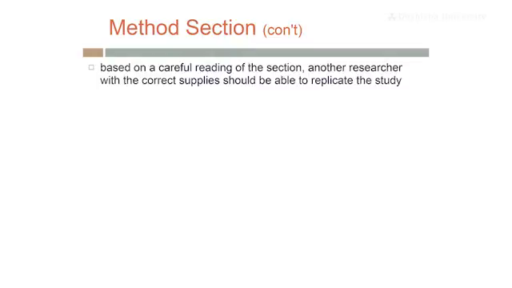They should be able to do the exact same experiment, so that they can see if they get the same results as you did. So you need to list all the ingredients. They should not have to guess what you used. They should not have to guess about the procedure. Everything should be very clearly stated in the method section so that another reader could read it and say, oh, I want to do that research too. And they could then go and do it just based on the instructions given in the materials and methods section.